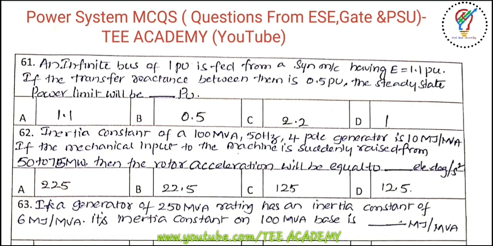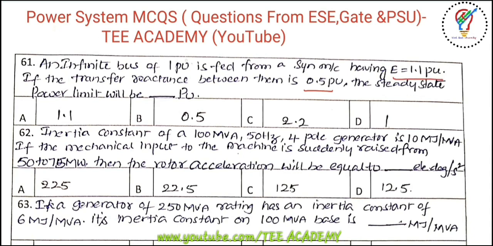An infinite bus of 1 per unit is fed from a synchronous machine having E equal to 1.1 per unit. If the transfer reactance between them is 0.5 per unit, the steady state power limit will be dash per unit. The question here is so simple. An infinite bus bar having 1 per unit voltage is fed from a synchronous machine having E, that is the induced EMF, equal to 1.1 per unit.